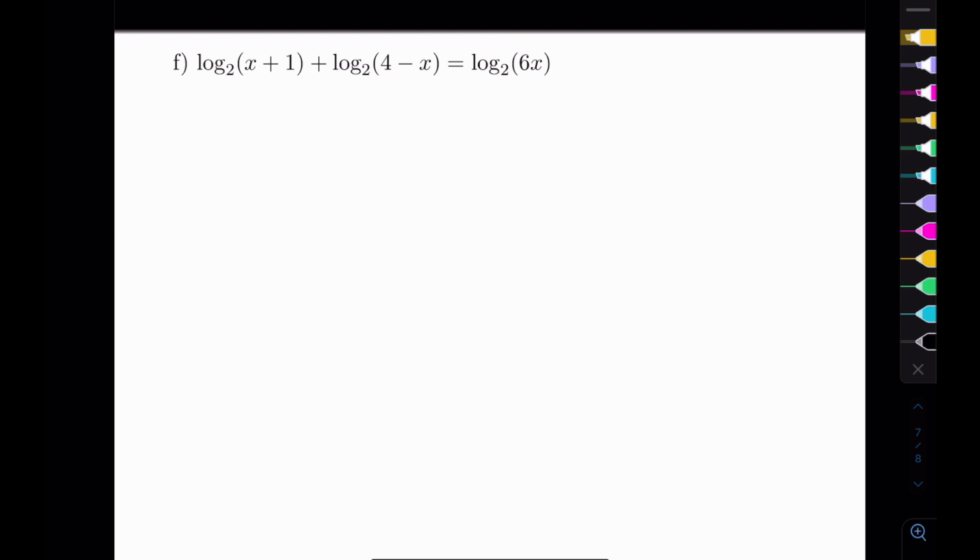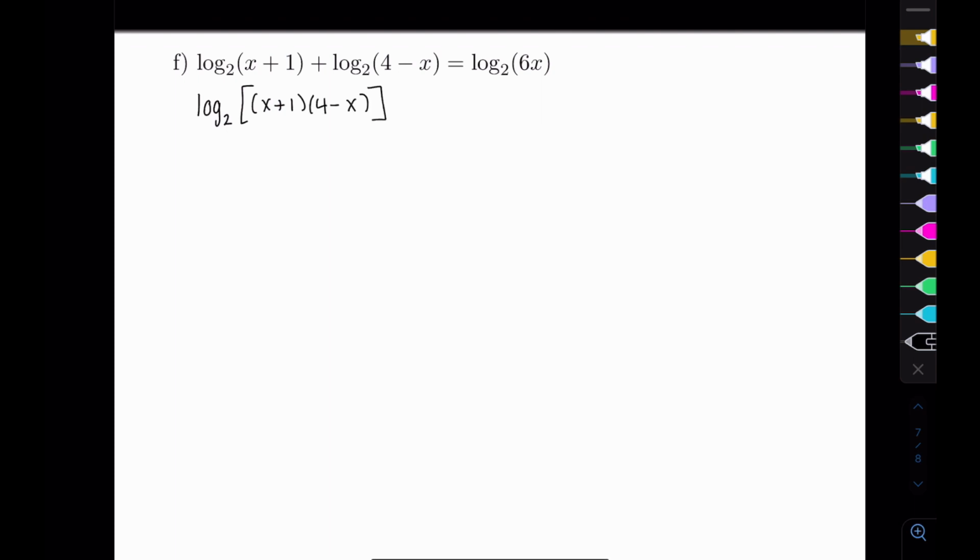This is where our log properties come into play. We did condensing and expanding of logarithms. We want to condense this side to a single log. Because we're adding the two, it becomes multiplication of their insides.